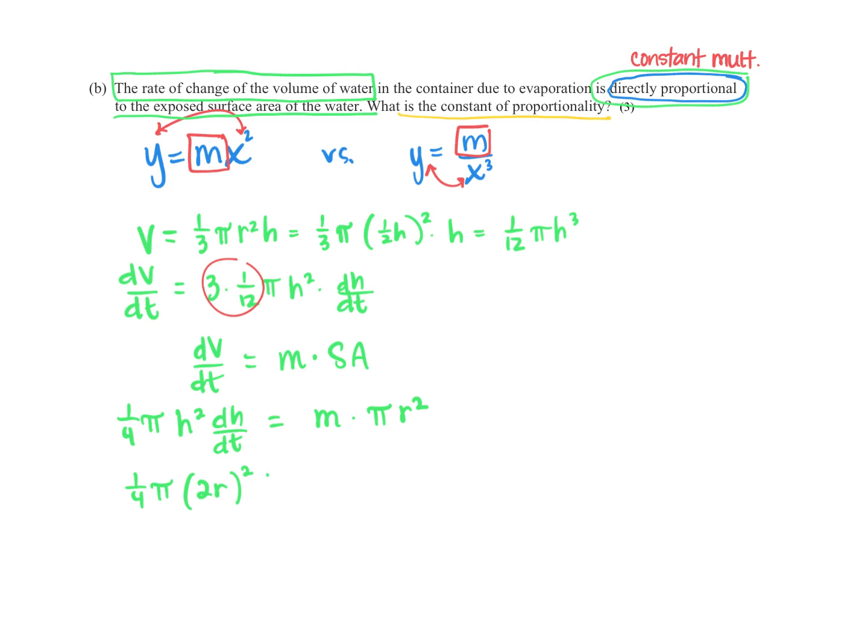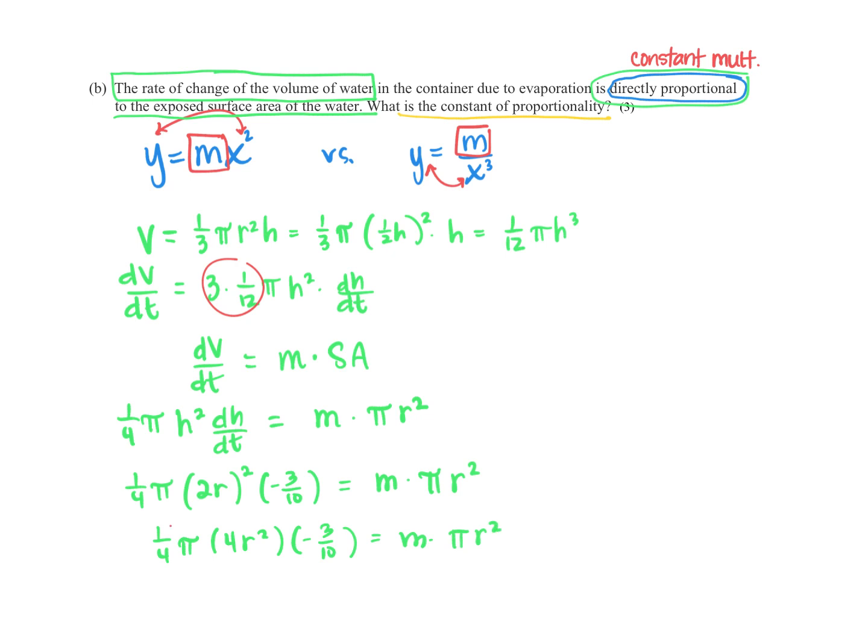So we can put negative 3/10. m is what we're looking for, and then we have pi r squared. So we're just about done. We've got 1/4 pi times 4r squared times negative 3/10 equals m times pi r squared.